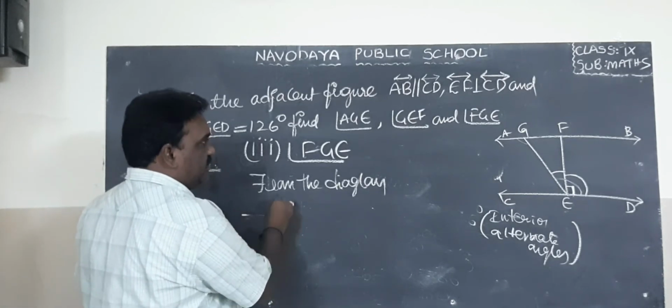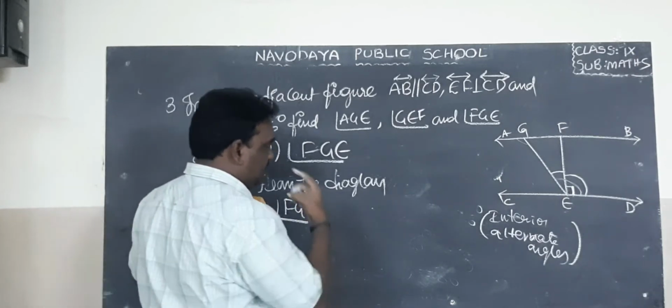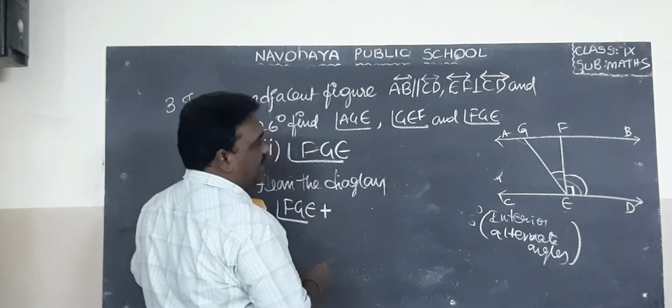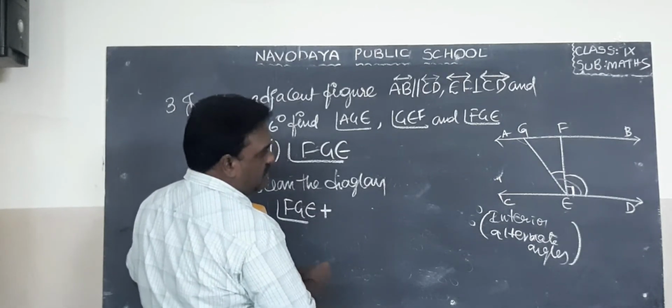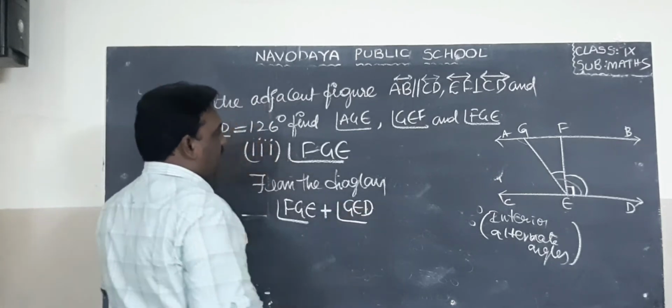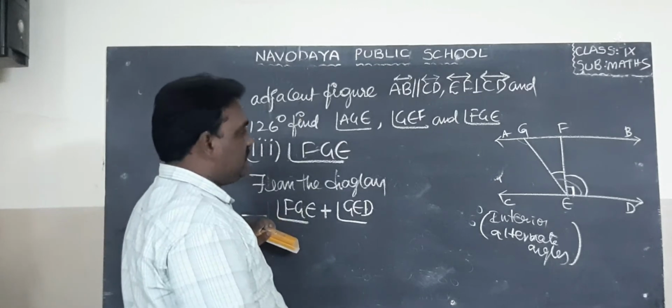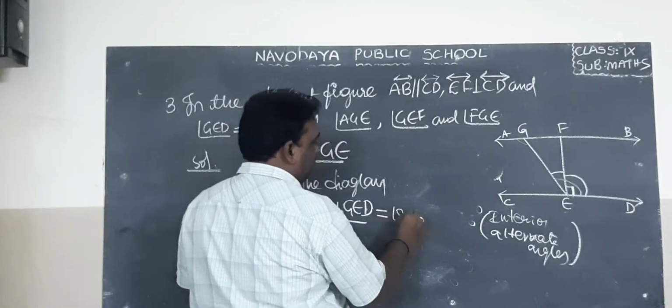From the diagram, angle FGE plus angle GED. Angle FGE plus angle GED equal to 180 degrees.